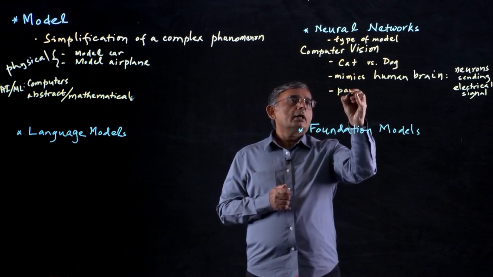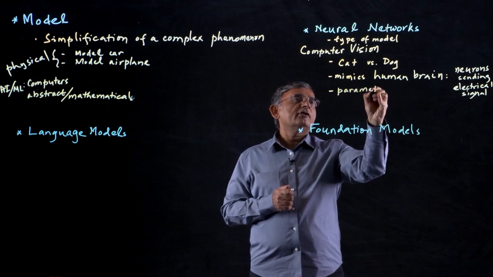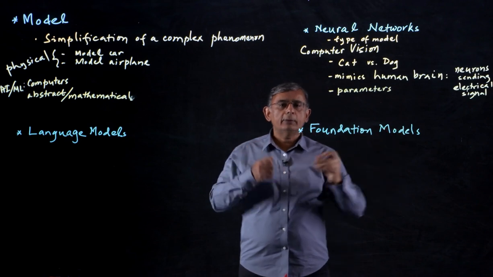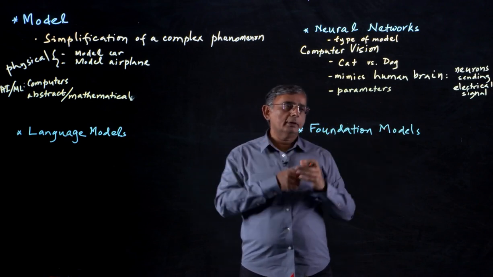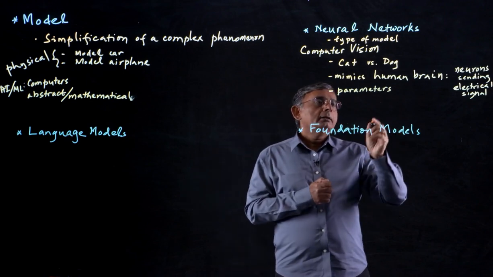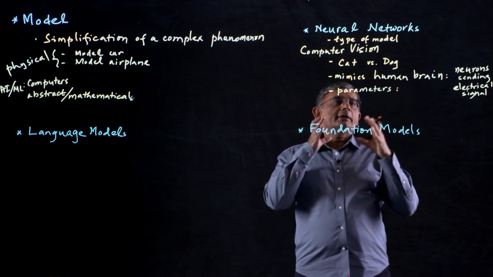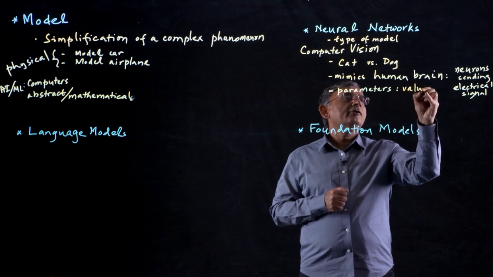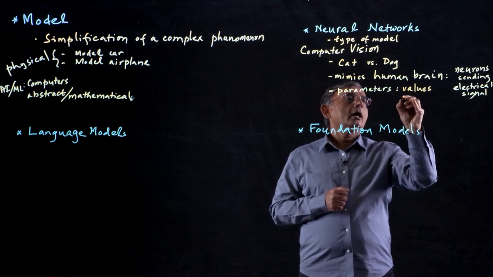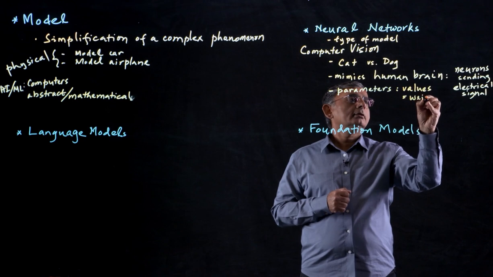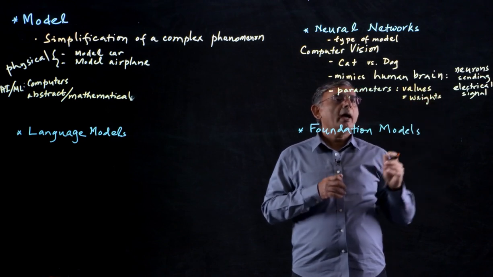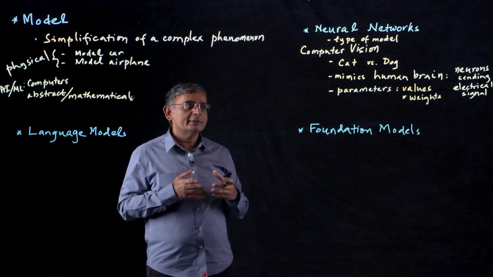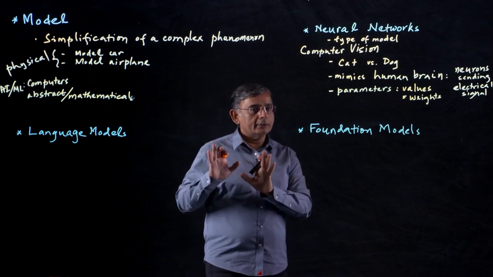It has what are called parameters. So this is the size of the model, how many million parameters, and these days we get into even larger numbers that capture that abstraction. And the values that these parameters take on are called weights. You talk to a data scientist, the data scientist will say, I'm adjusting the weights of my parameters, don't bother me.